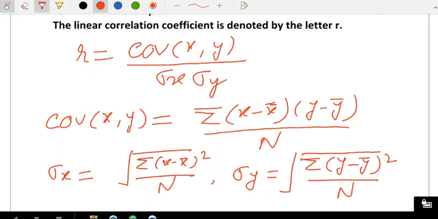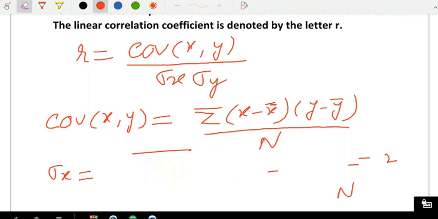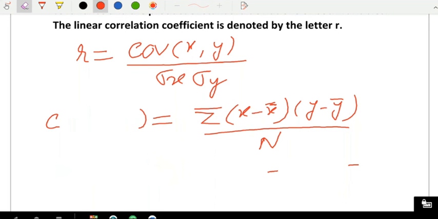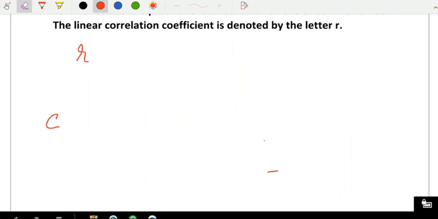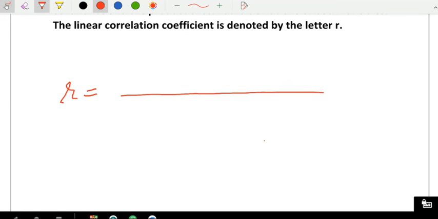So I'm just going to write it here. n sigma xy minus sigma x and sigma y.